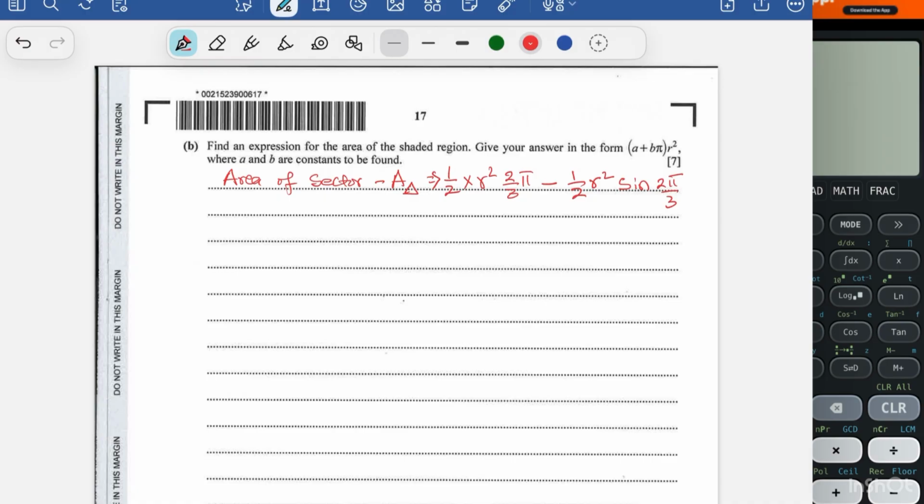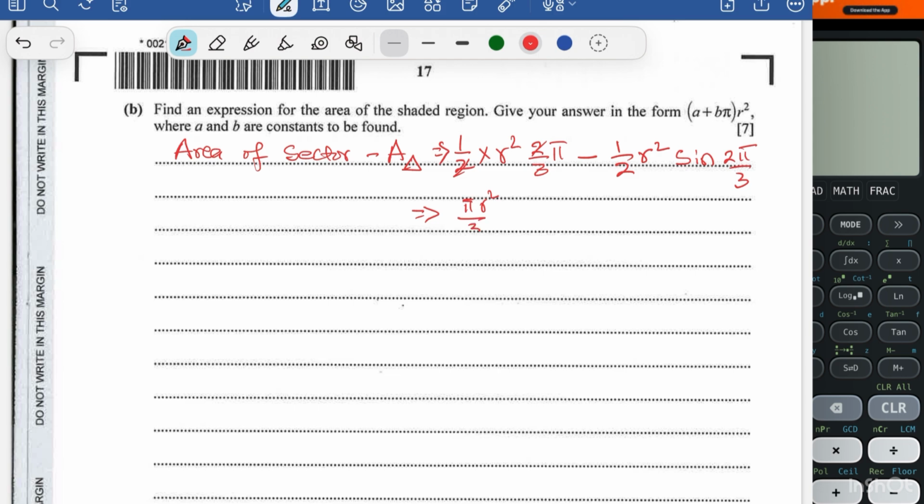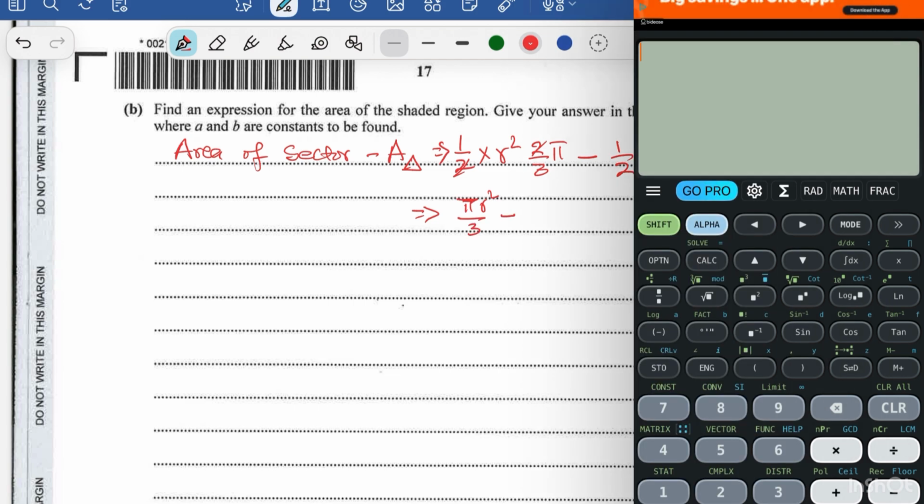So let me just simplify. So this cancels this. So pi r squared over 3, minus sine, my calculator is in radians, so sine 2 pi by 3.